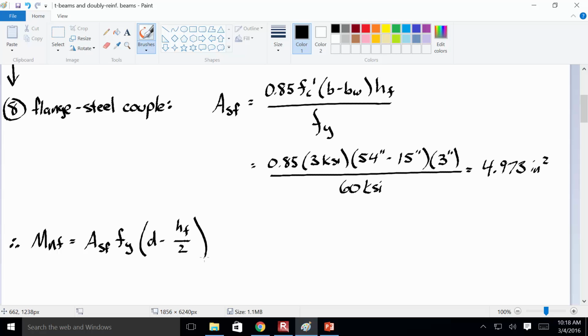It's the force. It doesn't matter if I use 0.85 f'c (b minus bw) hf or just this because C equals T. So it's this force times the moment arm, the depth, minus half the flange thickness.